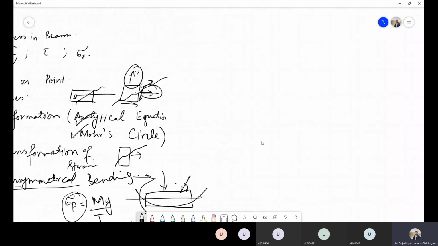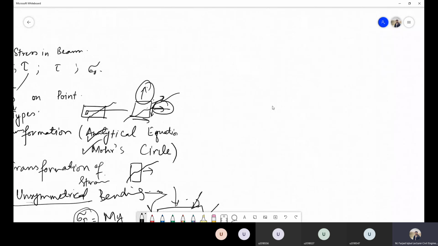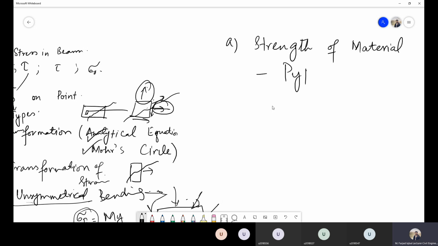And the books that you need to follow: obviously the first one is Strength of Materials by Pytel and Singer.